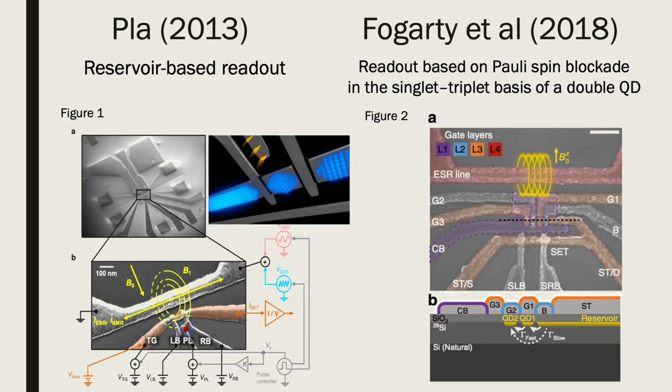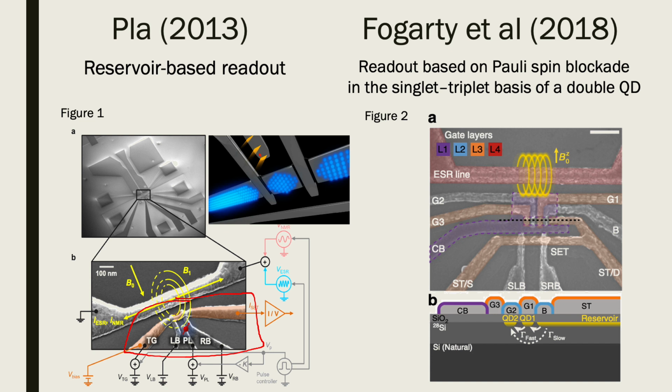First, let's talk about the device structure of Pla, which we are familiar with from our class. In Pla's paper, they use an on-chip all-electrical detection method for both electron and nuclear spins using a compact nanoscale device in Figure 1a, compatible with silicon metal oxide semiconductor fabrication standards. The device consists of ion-implanted phosphorus donors, tunnel coupled to a single electron transistor that is represented in the red circle.